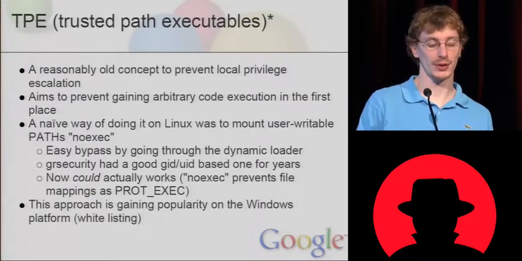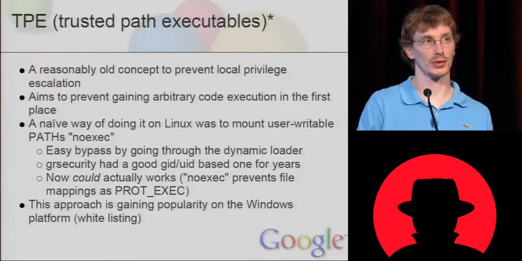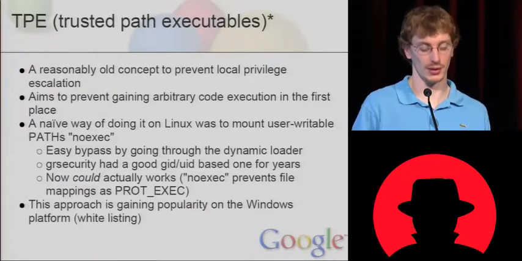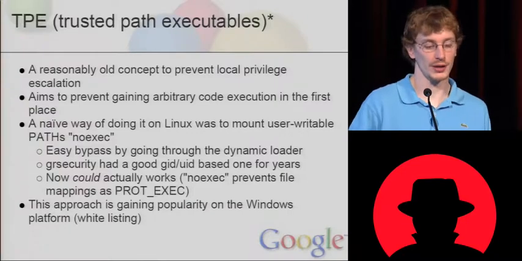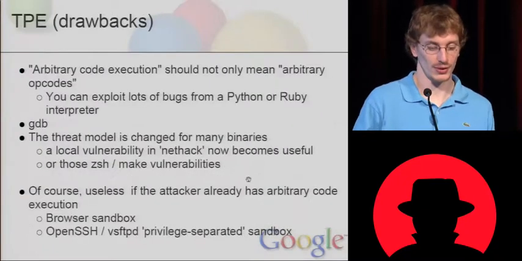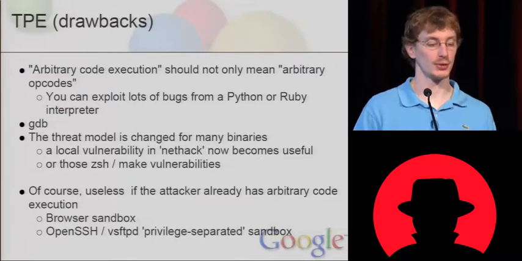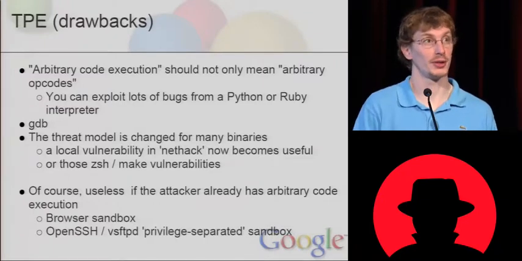This approach is gaining some popularity on the Windows platforms through whitelisting. We've seen a few products that try and perform whitelisting on the Windows platform. So the idea is just to prevent gaining arbitrary code execution in the first place, so that you can't attack the kernel. But of course, there are tons of ways to bypass this, because arbitrary code execution should not only mean arbitrary opcodes.